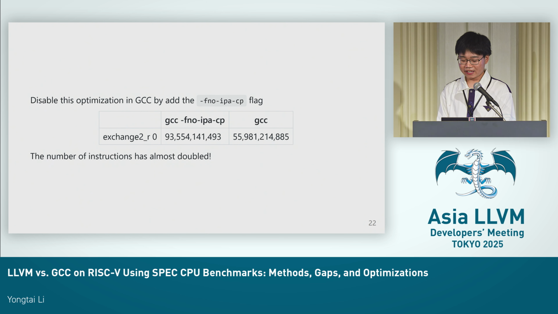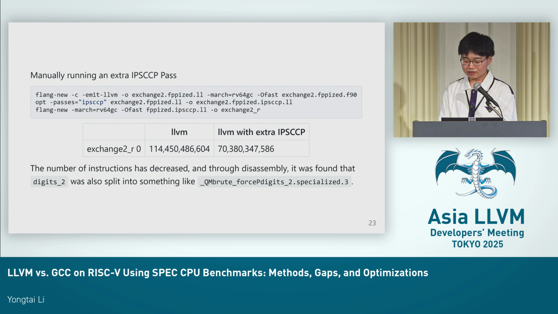On one hand, when we disabled this GCC optimization with the -fno-ipa-cp flag, the dynamic instruction count almost doubles. Meanwhile, on the other side, after running the IPSCCP pass through opt, the dynamic instruction count dropped, and we can see a specialized version of the digit2 function pop up.